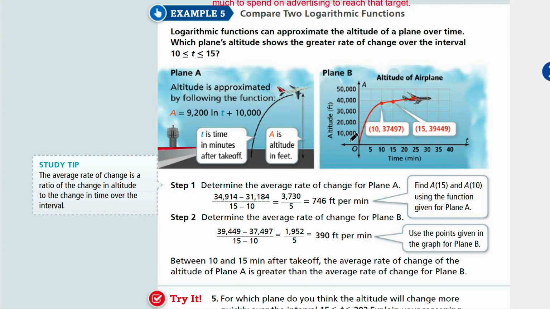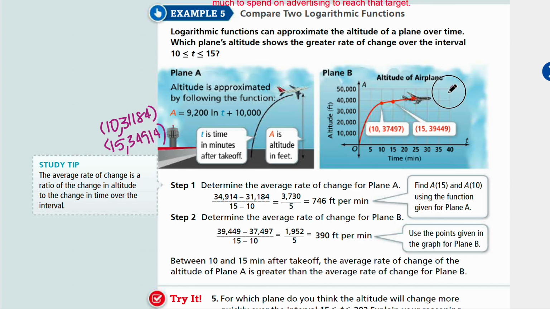So first, we can determine the average rate of change for plane A for the interval 10 to 15. So you get the point for 10 and 15, the minimum point and the maximum point, and then you find the slope, that is the average rate of change for that interval, right? So 10, 31,184 is a point here, and 15, 34,914 is a point here.